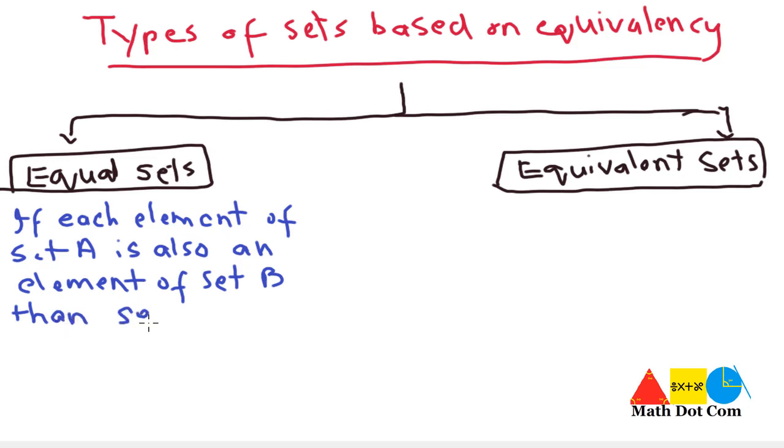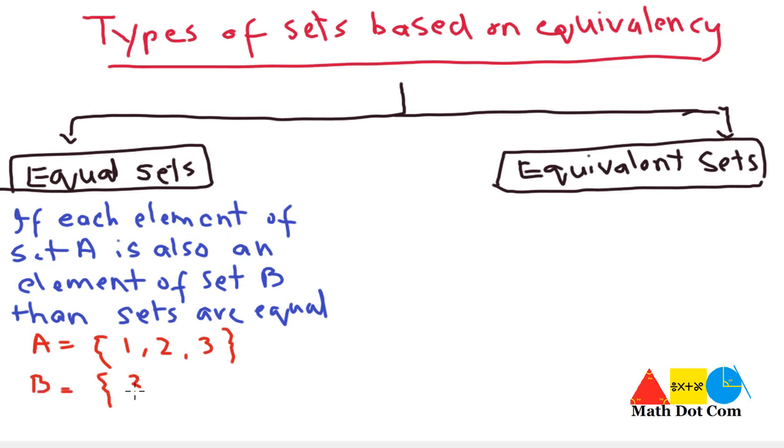Then sets are equal. Let's take an example so that you understand it. The example is A equals {1, 2, 3} and B equals {3, 2, 1}.